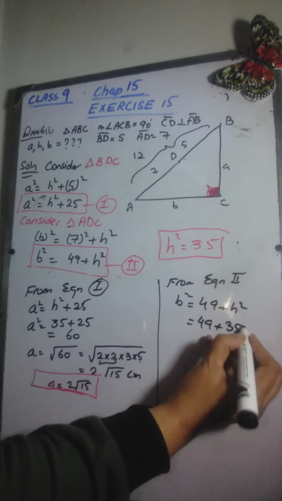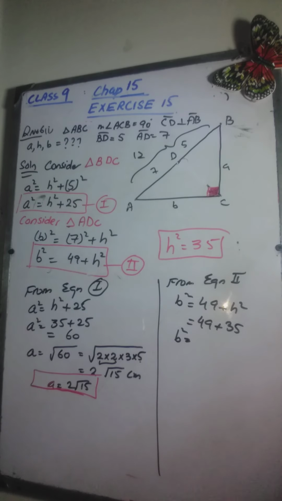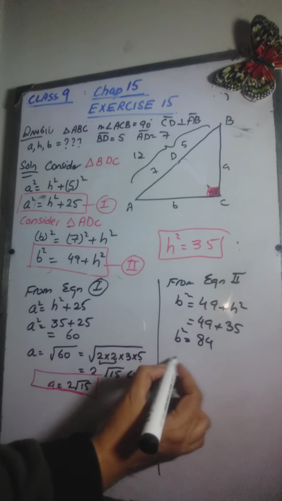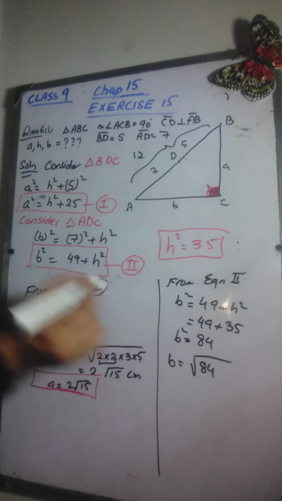H square is equal to 35. Now adding these two, what do we have? 49 plus 35 is equal to 84, and b will be under root 84.